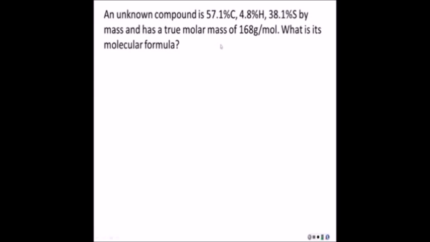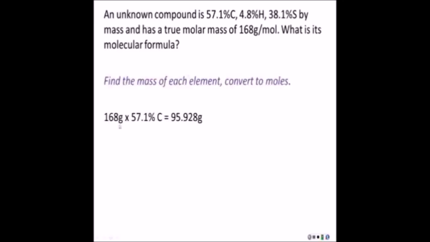Well, I can. Because what I can do is take this 168 grams and say, out of this total mass, 57.1% of that mass is carbon, 4.8% of that mass is hydrogen, 38.1% of that mass is sulfur. Then we go from mass to moles, and I'm home. So let's see.